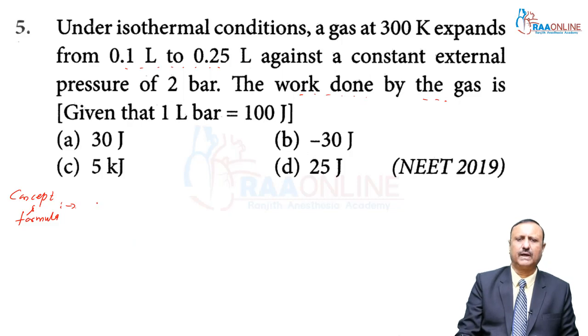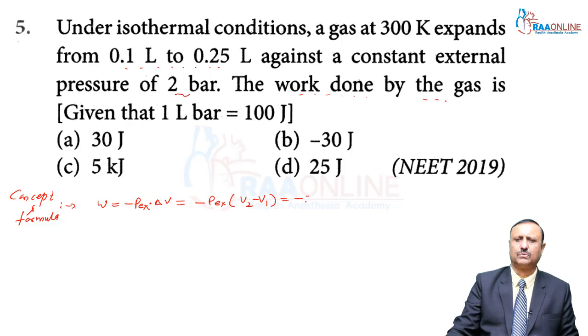So, my dear students, you have the formula W equals minus P external into delta V. What is delta V, my dear students? V2 minus V1 is called delta V. You can put in these values. P external is given as 2 bar.